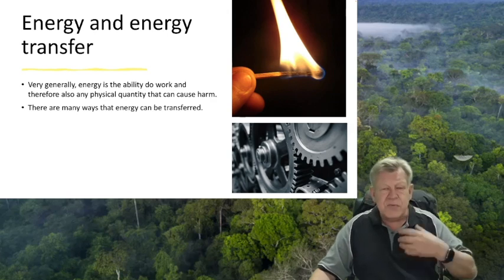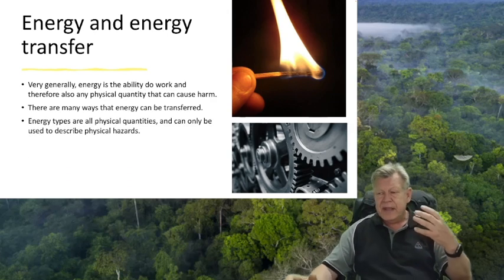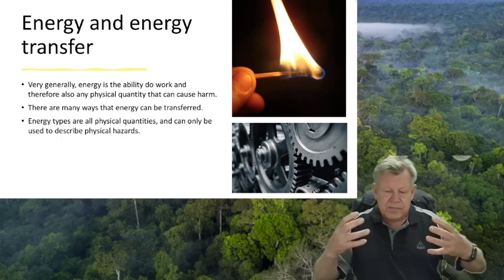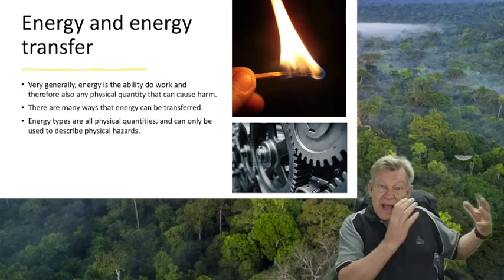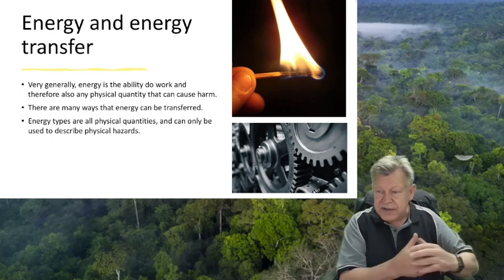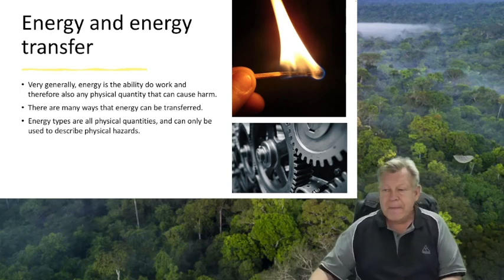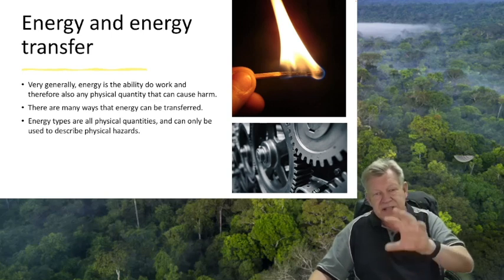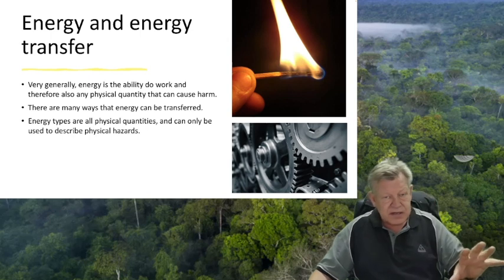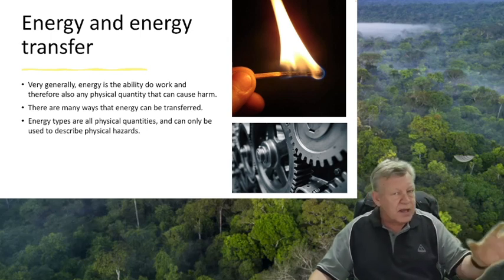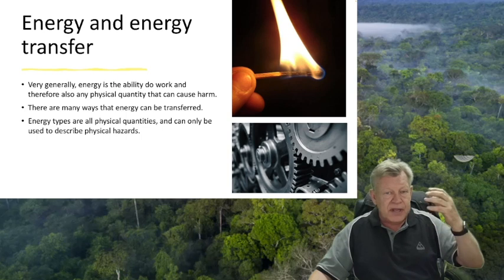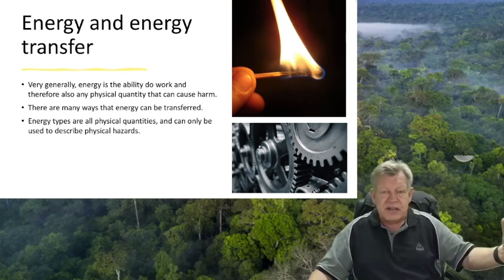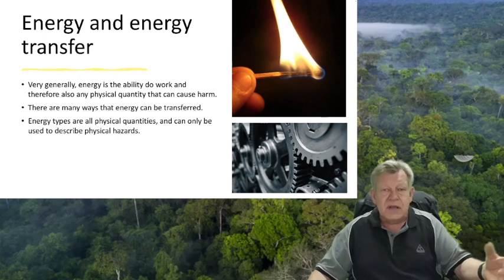Now, there are many ways in which we can transfer energy. They are all what we call physical quantities. So energy must come from a hazard, which is a physical thing. Can't be a thought. It has to originate from something.